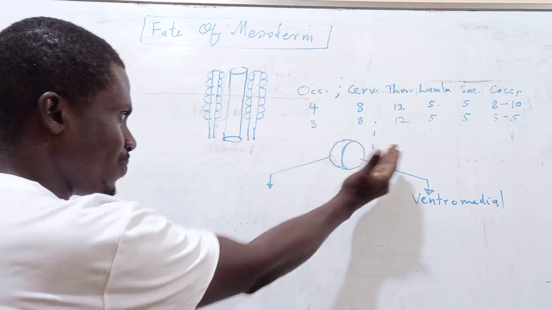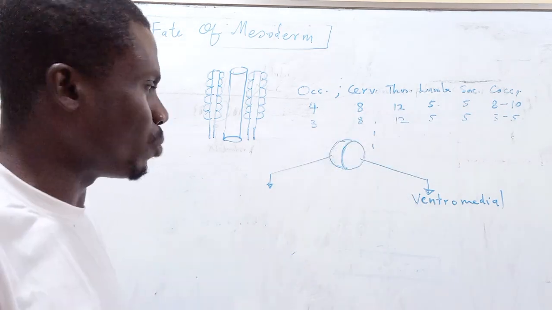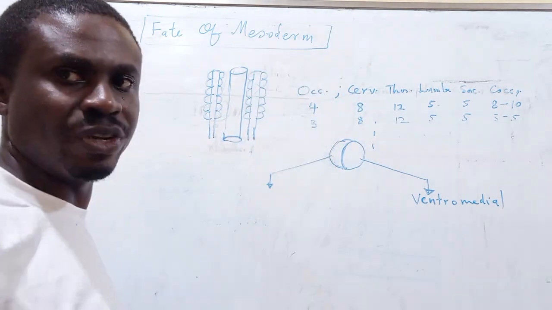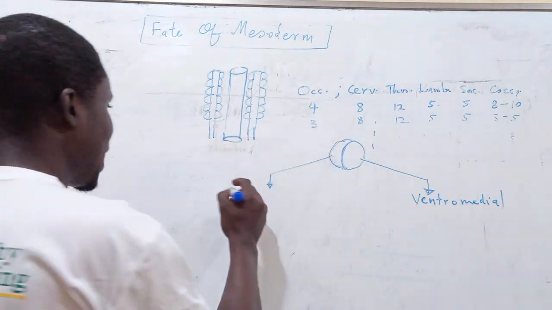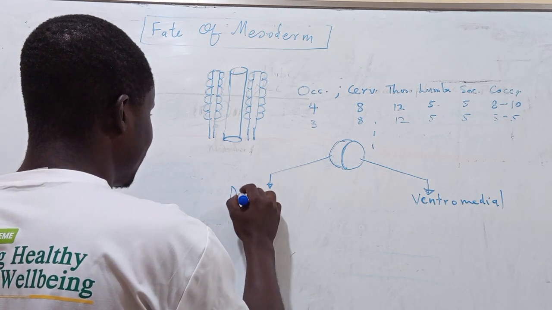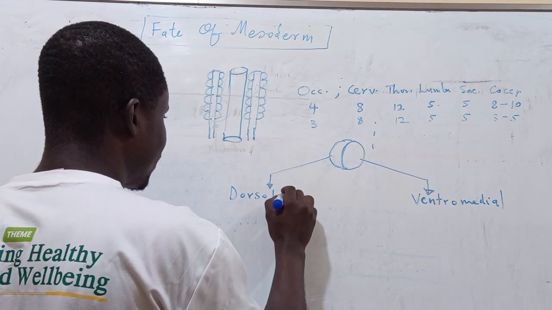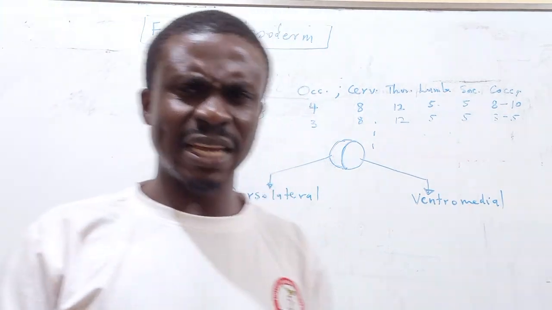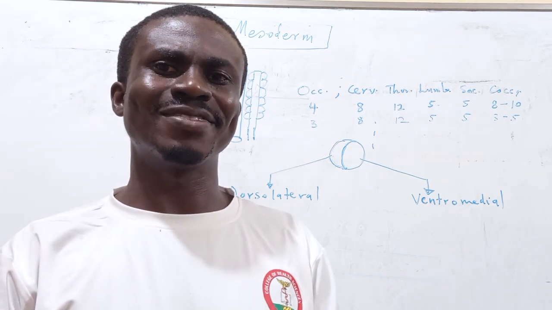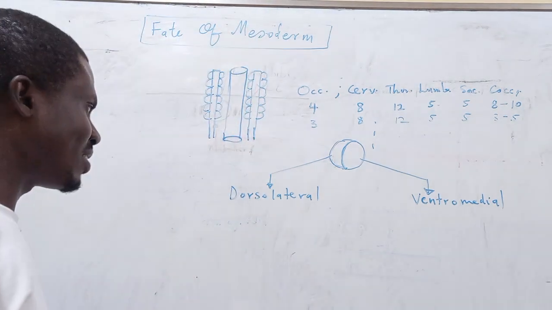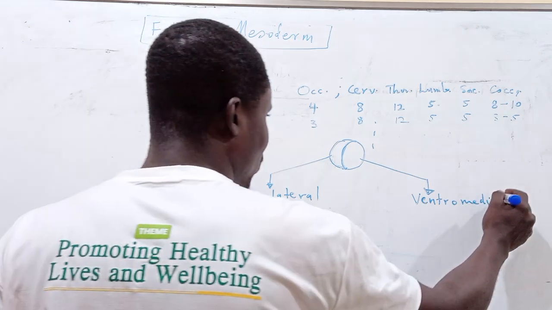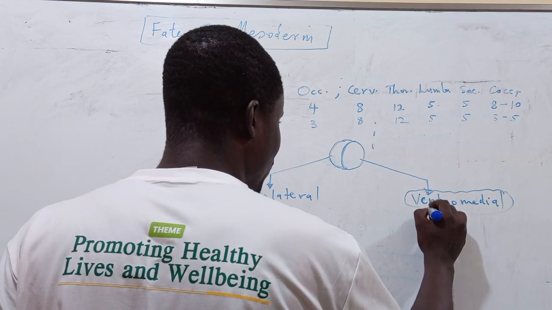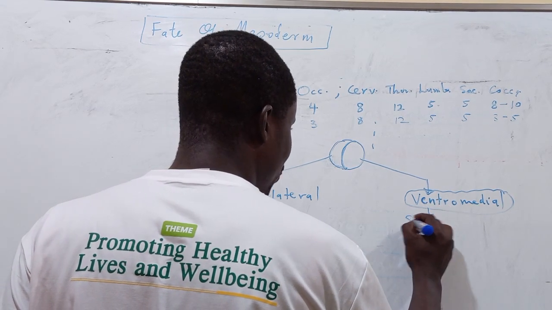And then this portion, further away from the midline, becomes lateral, and it's further away, going posteriorly. So that becomes the dorsolateral portion of the somite. That's one thing I want you to know. And my friends, this ventromedial portion of the somite will be important in forming what we call the sclerotome.